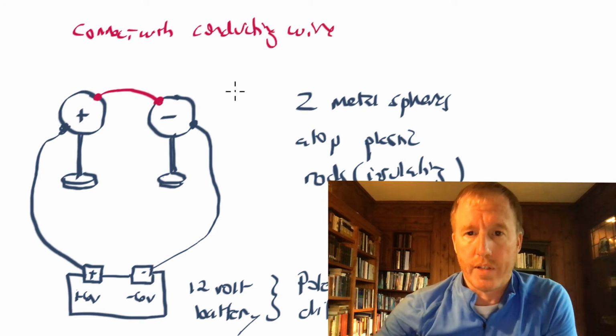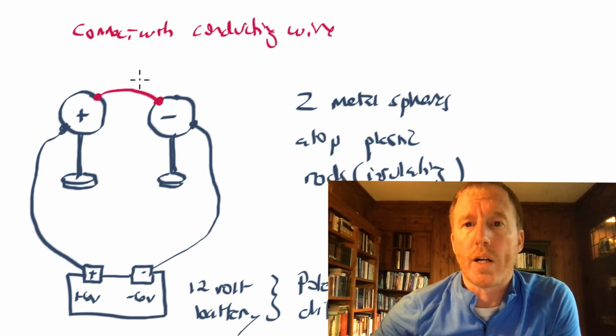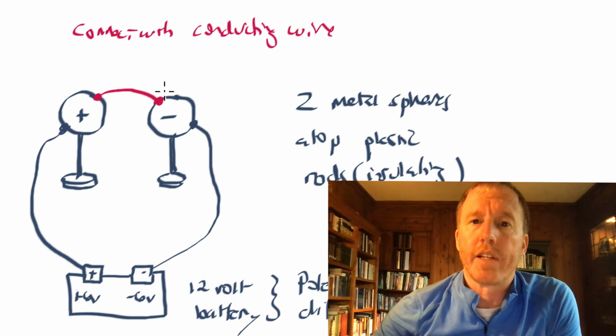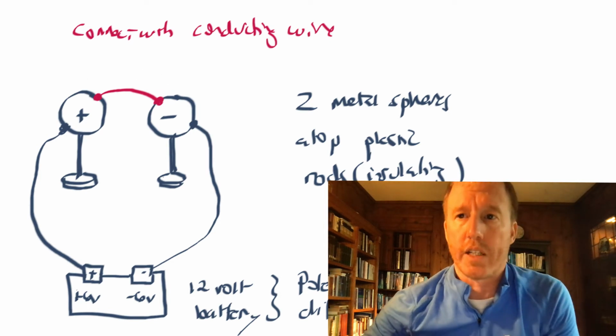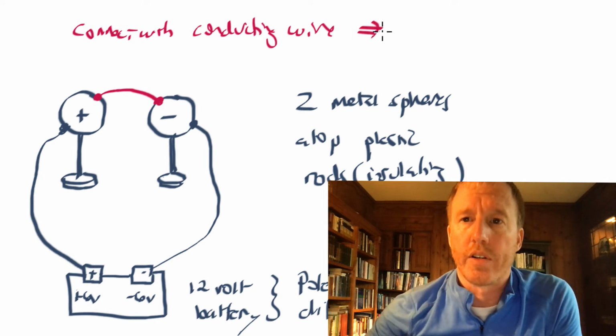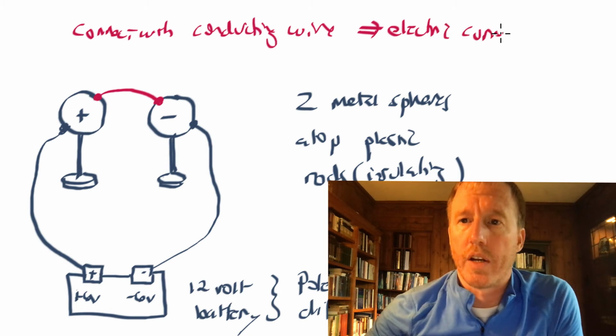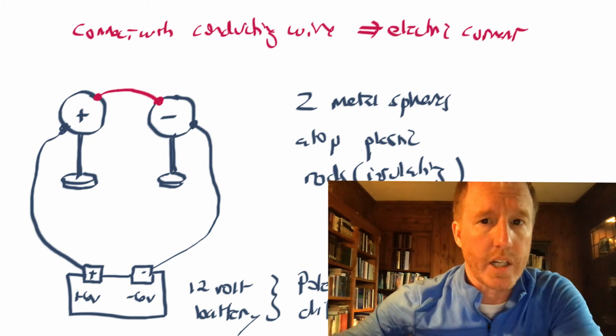And what happens now is you get a flow of positive electricity very quickly over to this side and negative electricity very quickly over to that side, so as to try to relieve this electric tension. That is the state of electric current. So now you get an electric current that arises in this circuit. Okay? That's what he's talking about.